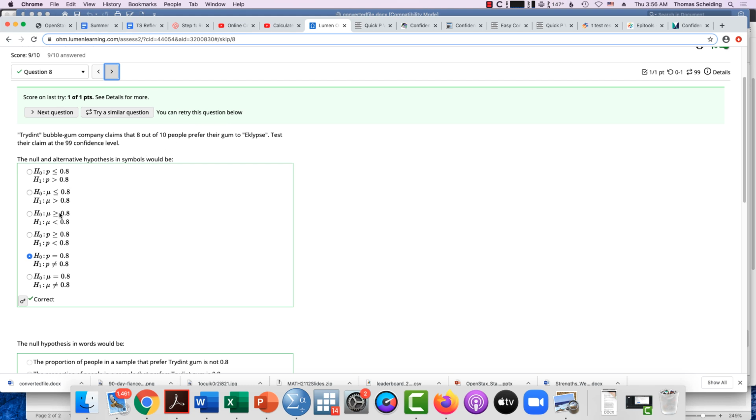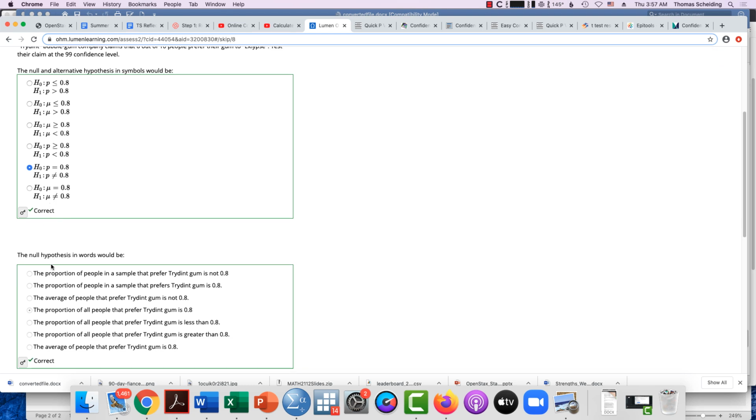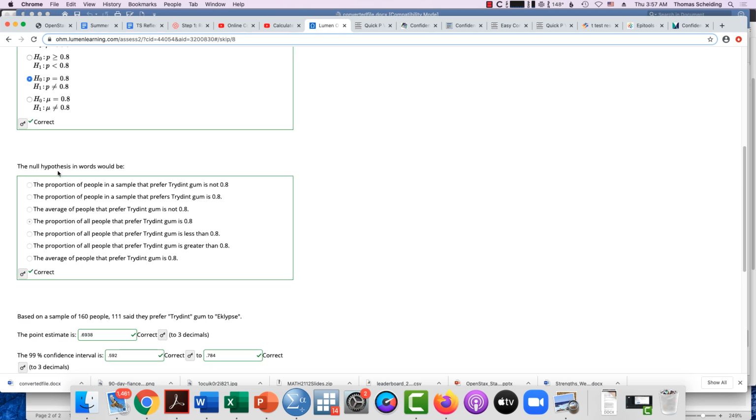So we start off with just a simple way of saying that for my proportion 8 out of 10, it's either 8 out of 10 or it's not 8 out of 10. That's my proportion, not my population mean. But the proportion is 0.8, so it's just another way of reading the null hypothesis, H subscript 0.